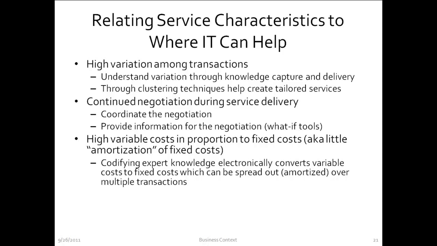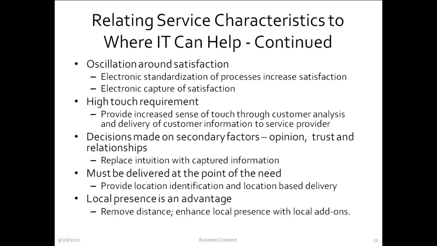So how might an IT system handle that? Well, one way might be to once again try to convert that service into a product and standardize that service. You can do it by providing better training, but essentially what you're doing is converting a service into a product. The fourth thing is this oscillation around satisfaction, and that's related to high variation among transactions.